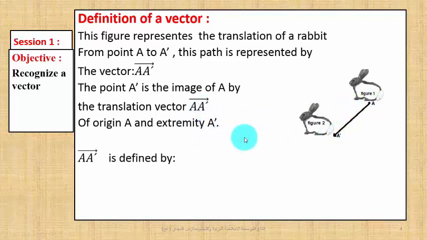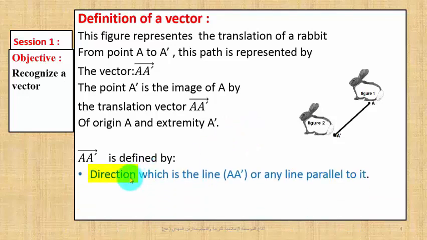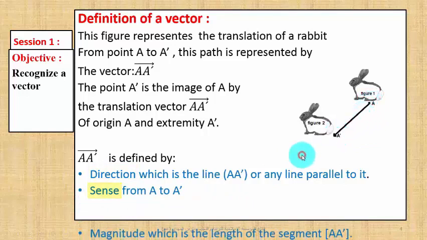Any vector, my students, is defined by 3 characteristics. 1. Direction. What is the direction of a vector? Direction is a line AA prime. So for this vector AA prime, the direction is the line AA prime, or any line that is parallel to AA prime. 2. Sense: the vector moves from A to A prime. 3.